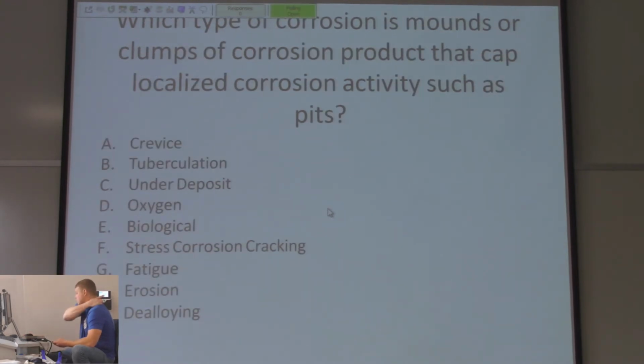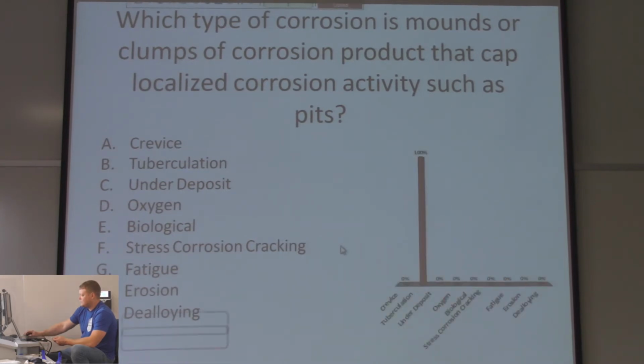Which type of corrosion is mounds or clumps of corrosion product that cap localized corrosion activities such as pits? I think in the class I used a plow blade as an example. Tuberculation.